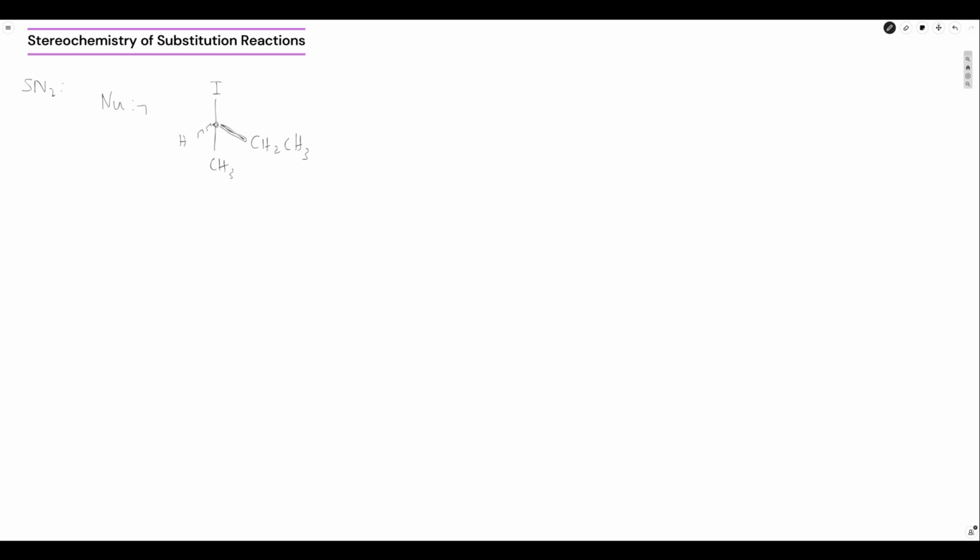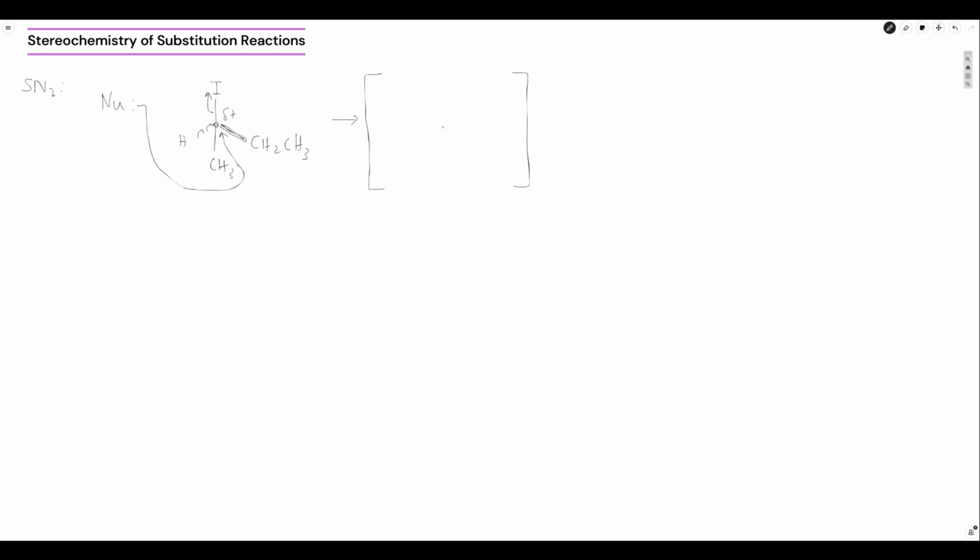Okay, so the nucleophile comes in and attacks the electrophilic center right here from the side opposite the leaving group and displaces the leaving group. And actually, what I'd like to do is focus for a moment on the transition state. The transition state will actually help you visualize the inversion that's taking place.